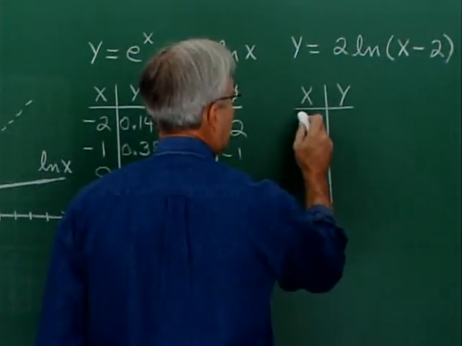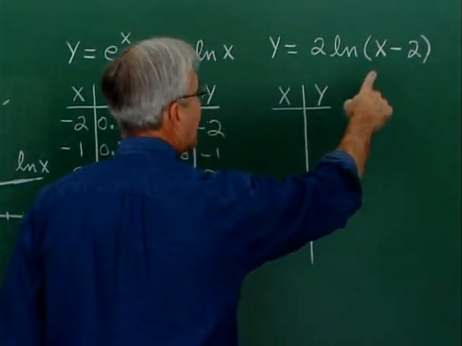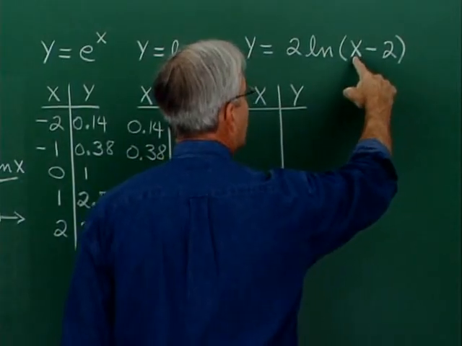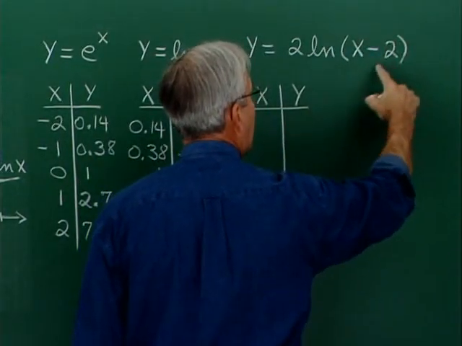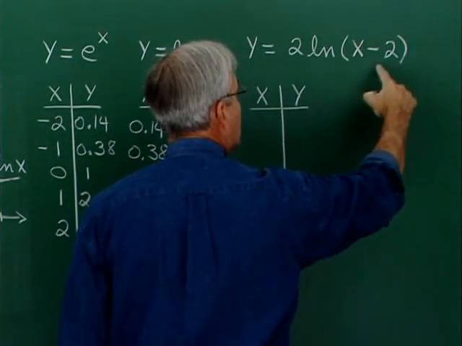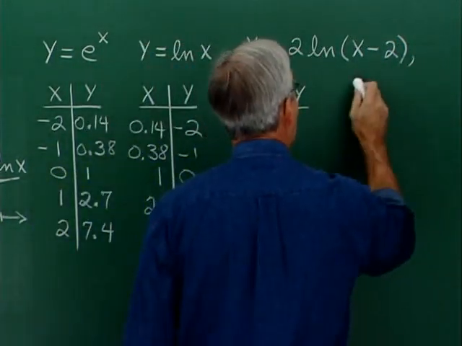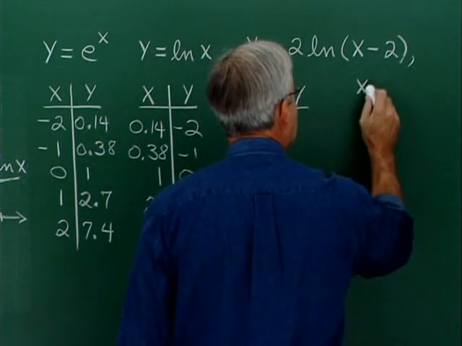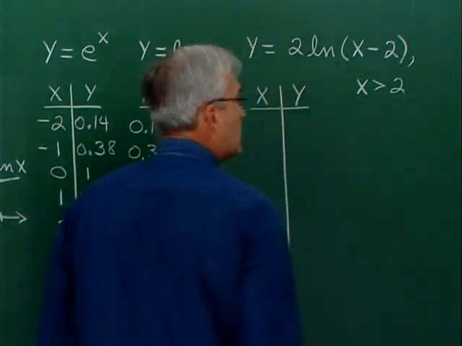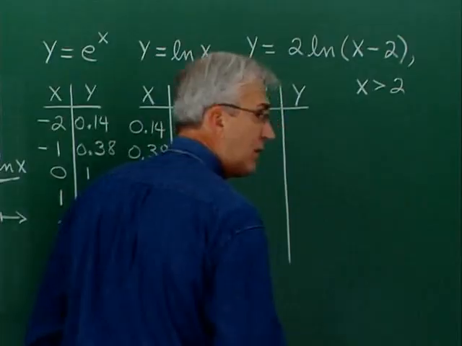Now, if we put in values of x, I have to make sure that x takes on values that will cause us to have a positive number here. So I have to choose values of x that are greater than 2. In fact, I could even write the domain as x is greater than 2. You see, I could use 2.1, 2.2, 2.3, and so on.